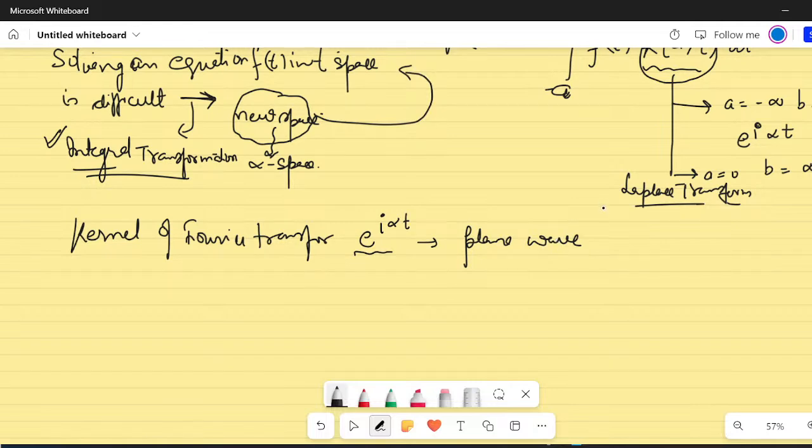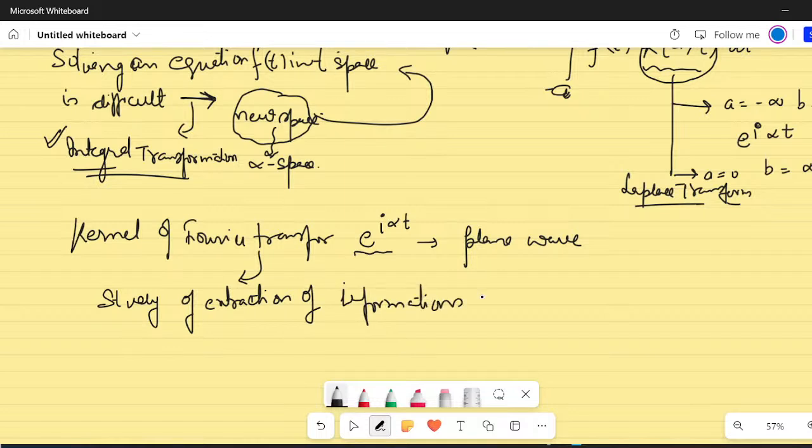Okay, so whenever it comes to the study of extraction of information from signals, and signals basically have some sort of waveform only, no? From signals and such fields, you'll find that Fourier transforms become an original choice.